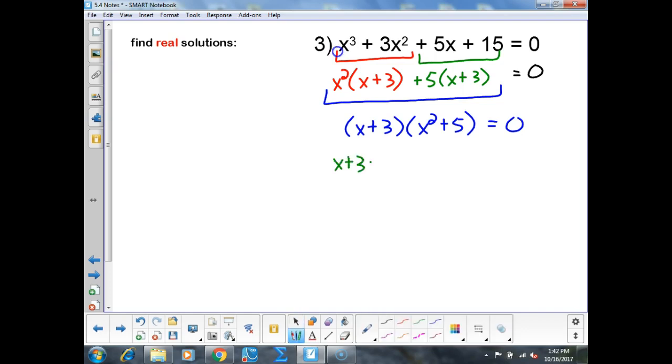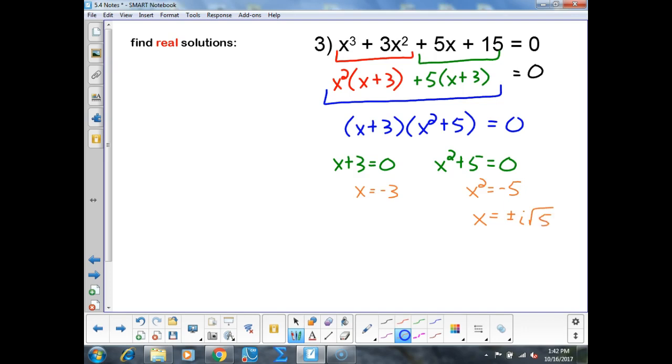X plus 3 then equals 0, and x squared plus 5 then equals 0. So I get negative 3 for the first one. X squared equals negative 5, so x equals plus or minus I times the square root of 5 there.